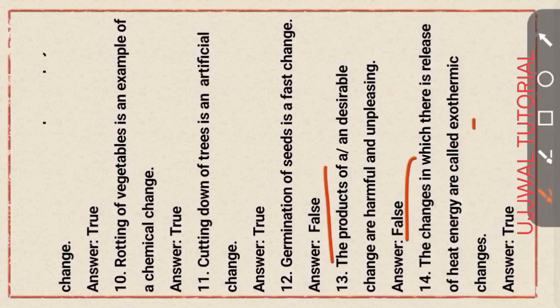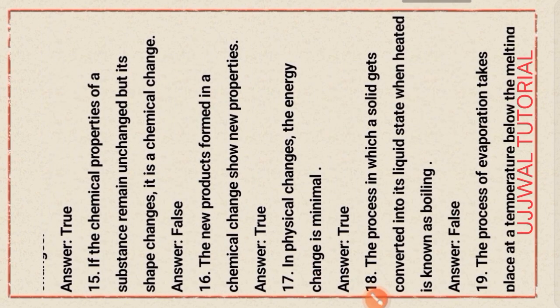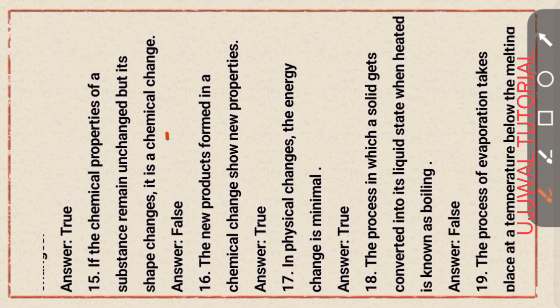Next question, question number 15. If the chemical properties of a substance remain unchanged but its state changes, it is a chemical change. It is wrong. It is a physical change.